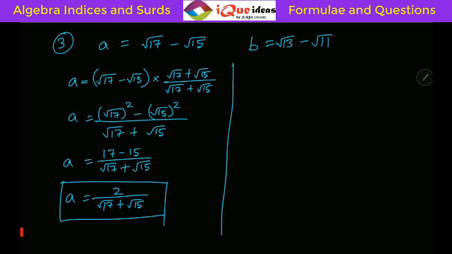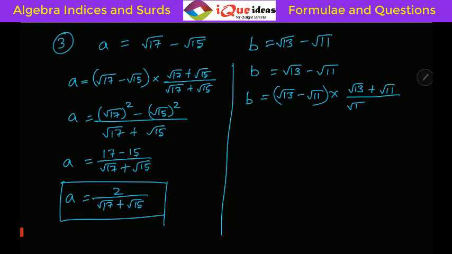Now let's look at the other number, that is B. So B is root 13 minus root 11. Right? Follow the same procedure. The same B can be taken as root 13 minus root 11 multiplied by root 13 plus root 11, divided by root 13 plus root 11. Right? So what happens?